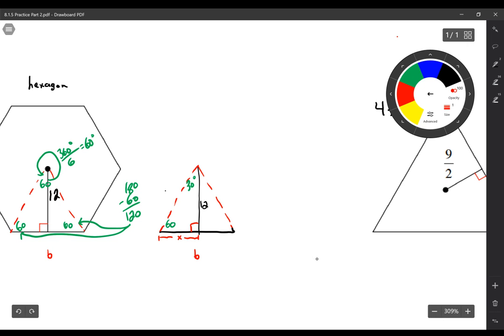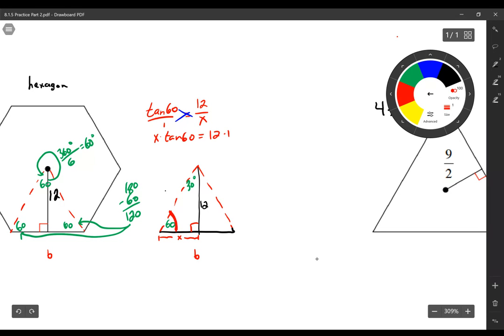So using this angle right here, that 60-degree angle, we can actually set up a ratio of tan of 60 and set that equal to opposite over adjacent, which is 12 over x. From here, we cross multiply, and we end up with x times tan of 60 equals 12 times 1.